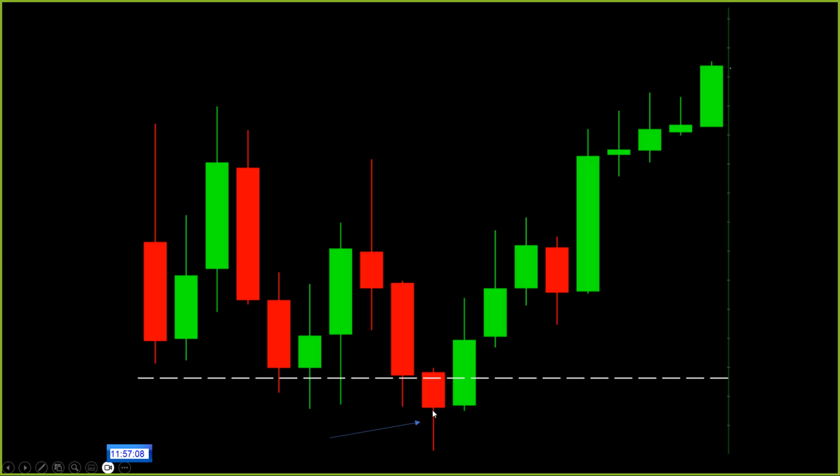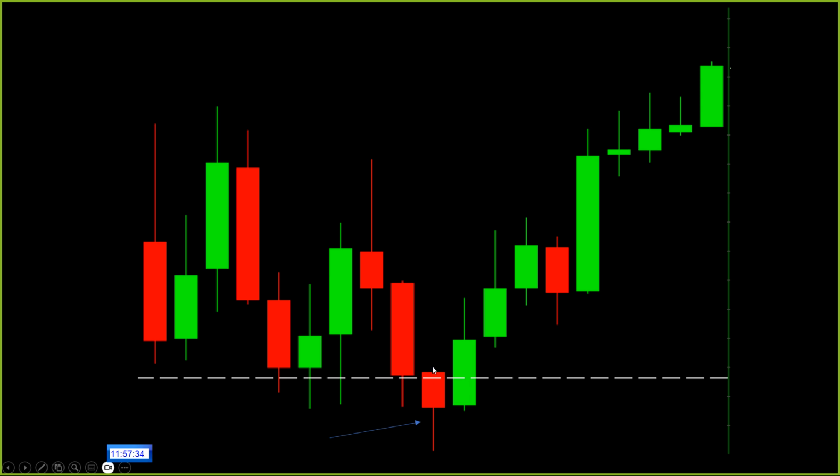All right, so here's an example of a hammer candle on the bottom. Again, this could be green. It doesn't have to be red. But this is telling us that we dipped down at the bottom of a range and it got bought back up.